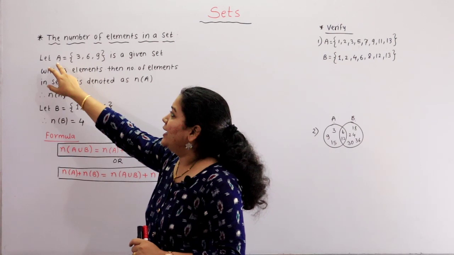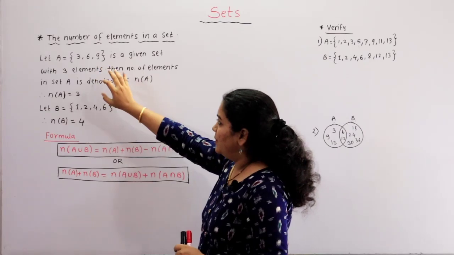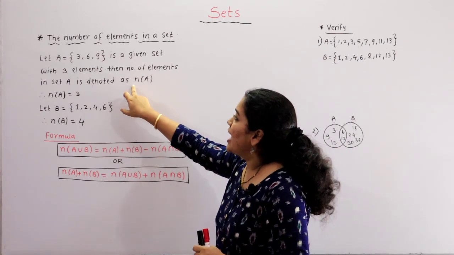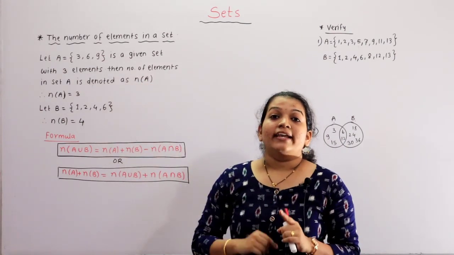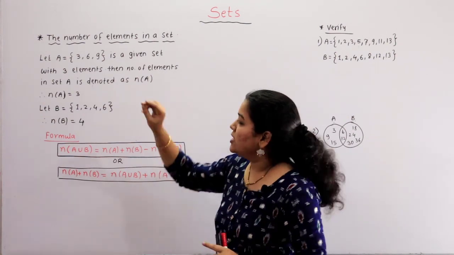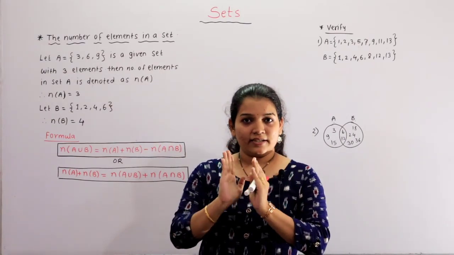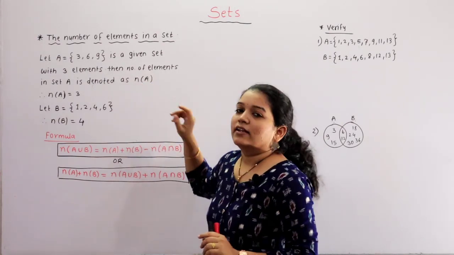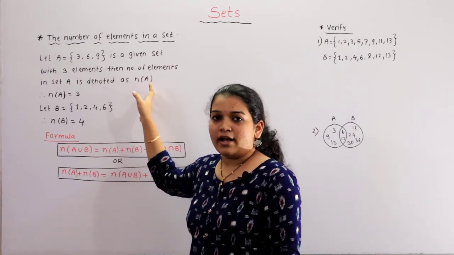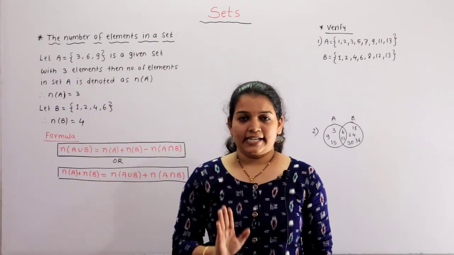So if A is a set of 3, 6, 9 with 3 elements, then the number of elements in set A is denoted as n of A. You have to write it like this: n, round bracket, A. That is the way of writing the number of elements. So how many numbers are there? Therefore n of A is equal to 3. 3 elements are present in set A.